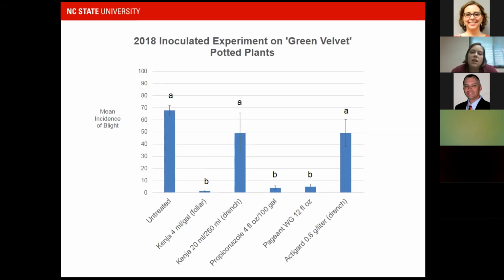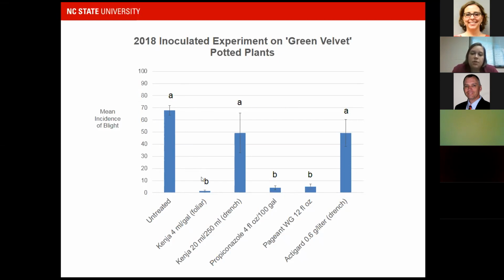And then here we look at the inoculated experiment on green velvet potted plants. So this is the other cultivar that is less susceptible. And here we had some of the treatments, the Kenja and the Actigard, that were not significantly different from the untreated control, and overall we had less disease because, once again, it's the less susceptible cultivar.